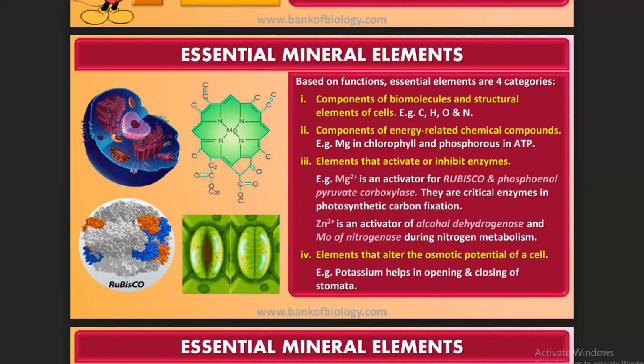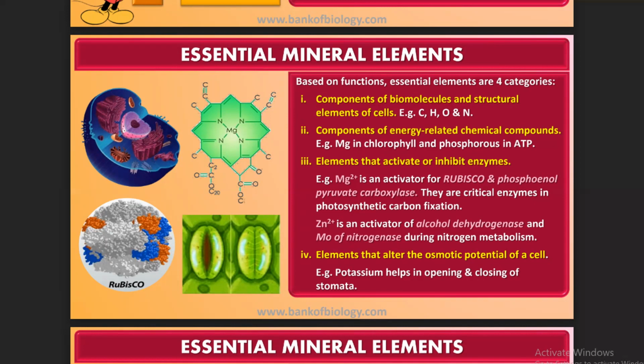Then elements that activate or inhibit enzymes. There are few elements which activate or inhibit the enzyme. Example, Mg2+ is an activator of rubisco and phosphoenol pyruvate carboxylase. Okay. So these are two enzymes, rubisco and phosphoenol pyruvate carboxylase. They are critical enzymes in photosynthetic carbon fixation.